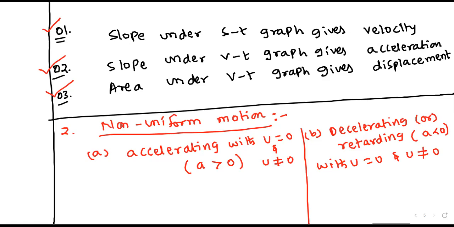If I consider initial velocity 0, there are the ST and VT graphs, two graphs, and for initial velocity not equal to 0, another two graphs. So here I should get four graphs.